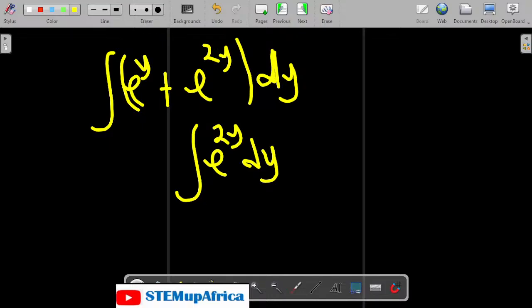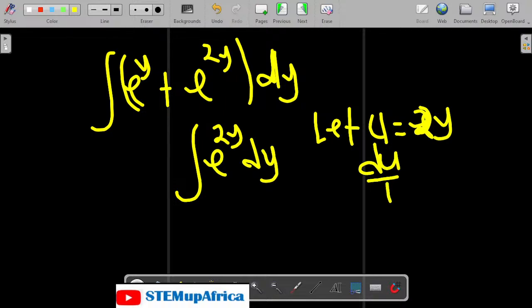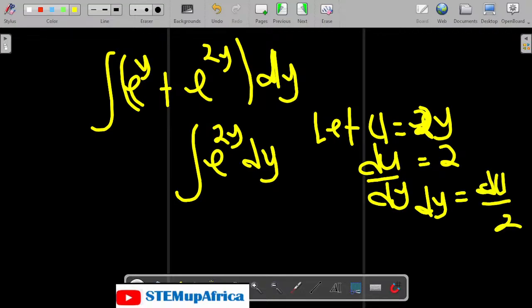To integrate this, I will say let u equals 2y. I will differentiate this, du dy will give us 2. So let me make dy the subject of the formula. My dy will give me du over 2. This is now the value of dy, so I will substitute it. In my integral, for dy I'm putting du over 2.